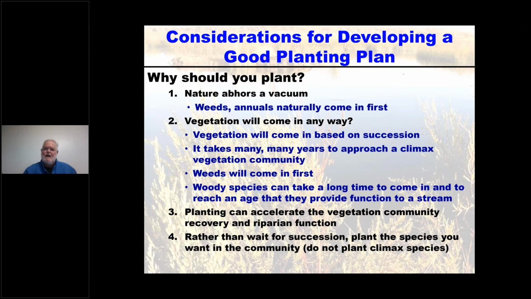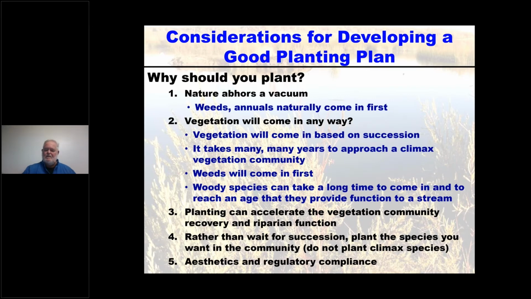Climax species usually need the successional species to provide the right place for them to grow. So generally, either you're going to let climax species come in on their own, or you will plant those in a phase 2 planting down the road after the successional species have become established.